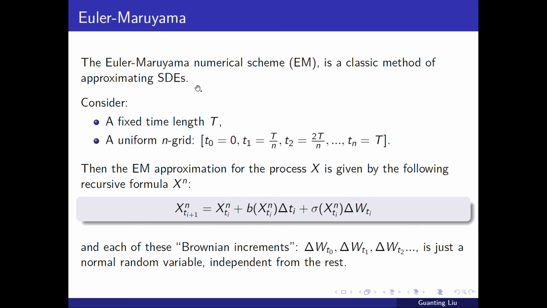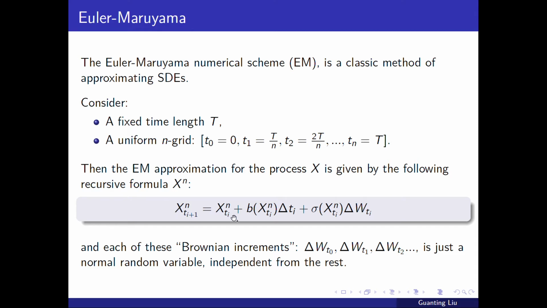For that, let's consider a uniform n-interval time grid for the fixed time length T, from 0 to T over n, 2T over n, 3T over n, all the way to T. And on that grid, the Euler-Maruyama approximation for the process X is given by the following recursion.